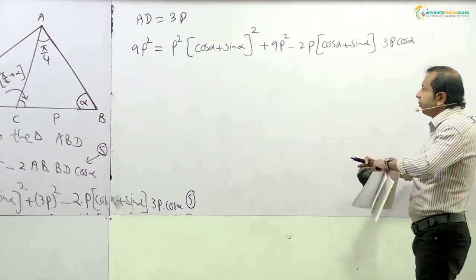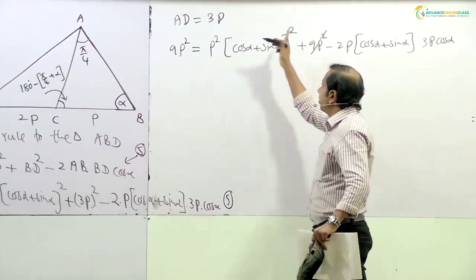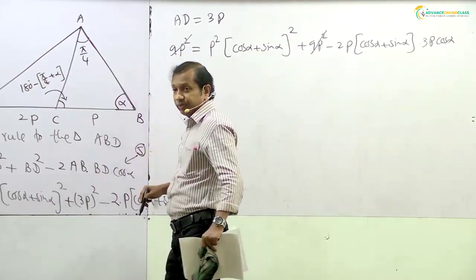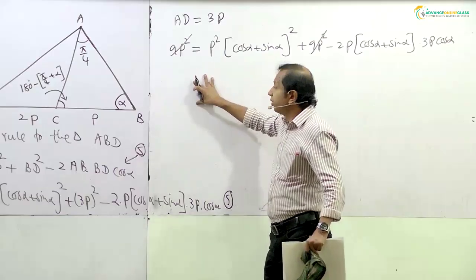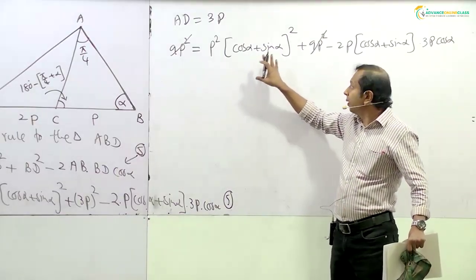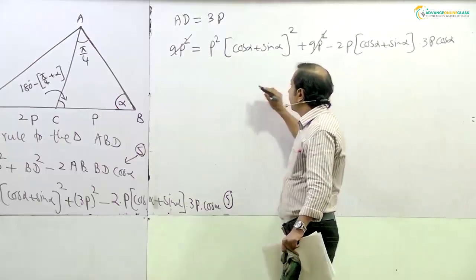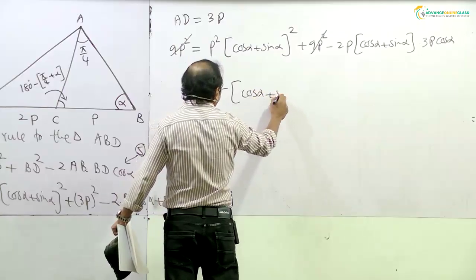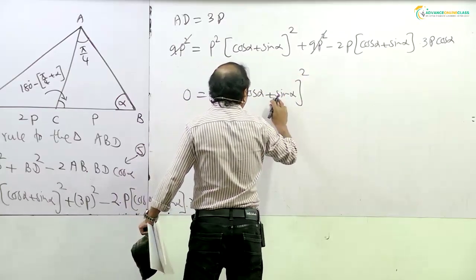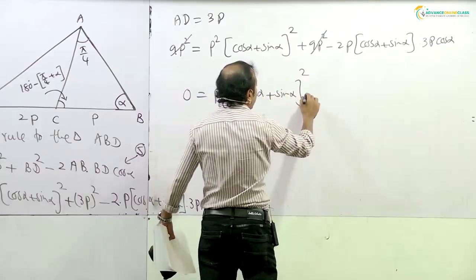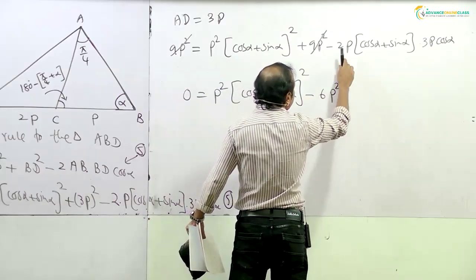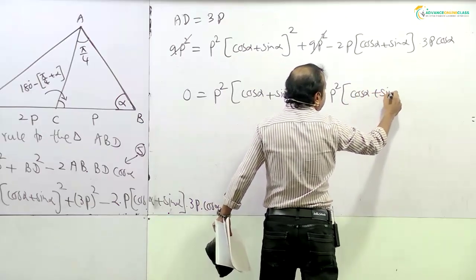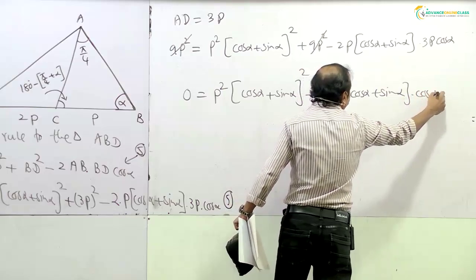Okay. Now you can see here, this 9P squared we can bring to the left hand side. Then with this 9P squared we can cancel down. Now what do you have? 0 equals P squared, cos alpha plus sin alpha perfect squared, minus 6P squared, 2 and 3, 6, P squared, cos alpha plus sin alpha and cos alpha.